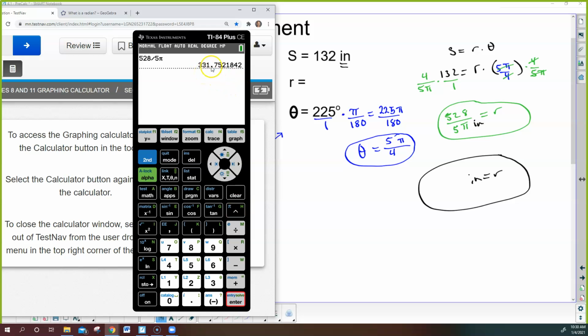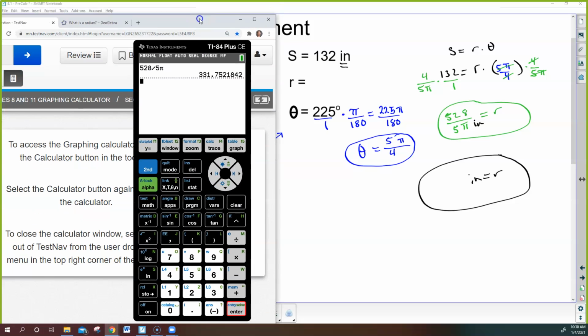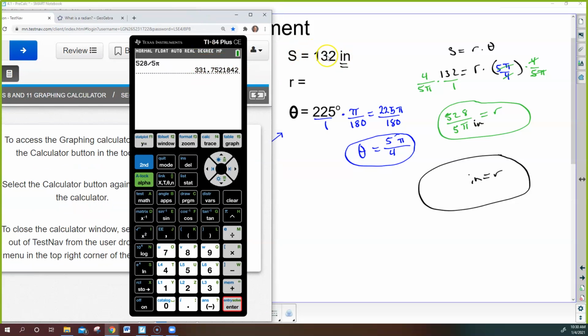That seems really big, right? The radius is way bigger than the arc length, but I'm not sure if that's right or wrong. But it's technically wrong because you didn't divide by 5 pi, you just divided by 5, and then you times by pi. So if you're using your calculator, you need to put parentheses around the denominator. Watch what happens. That's a significant difference right there.